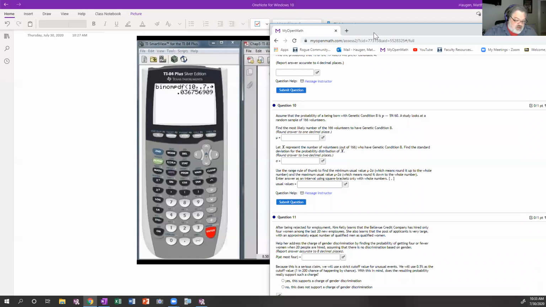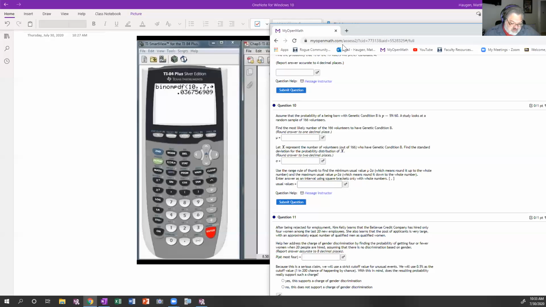Okay. Assume the probability of being born with a genetic condition is such. A study looks at a random sample of that many volunteers. Okay, and we're asked to find the most likely number, so that's our expected value. Let X represent the number of volunteers who have the genetic condition.